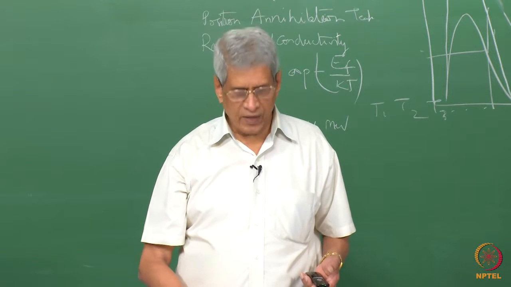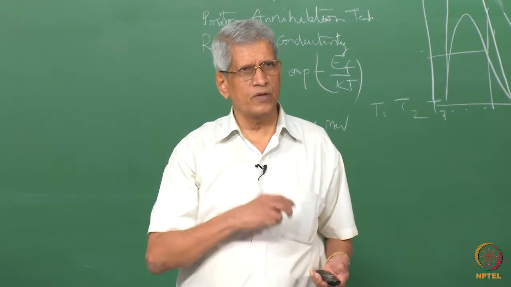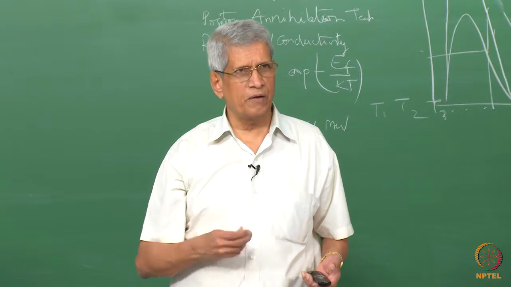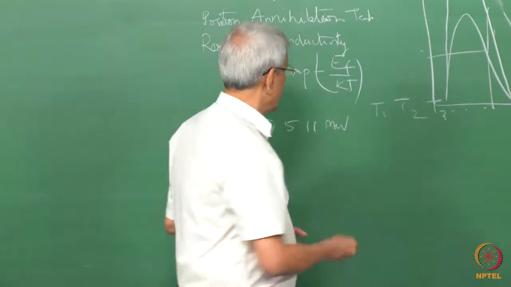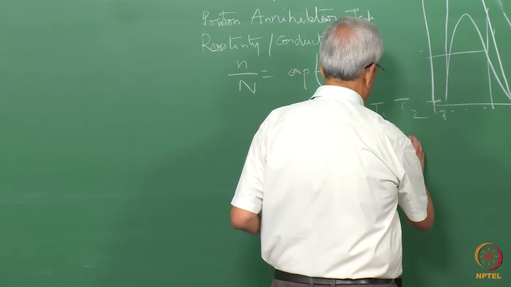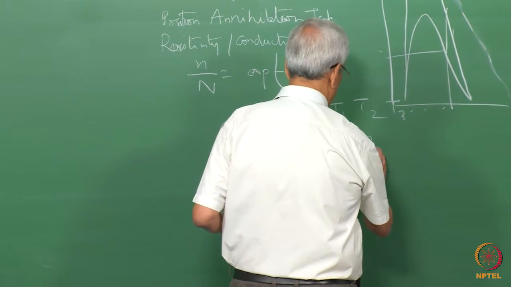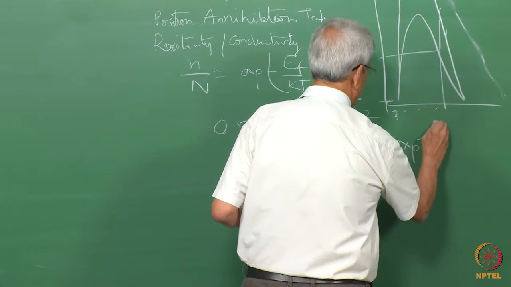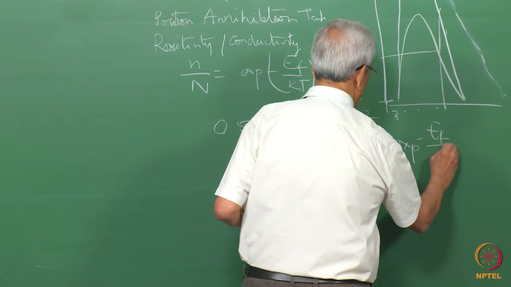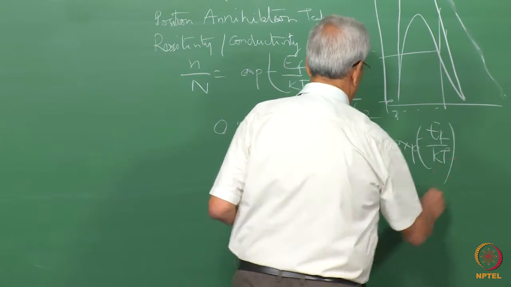That vacancy concentration, we know from the beginning when we derived an expression for the equilibrium concentration of vacancy: delta n by n equals exponential minus EF by KT, correct?